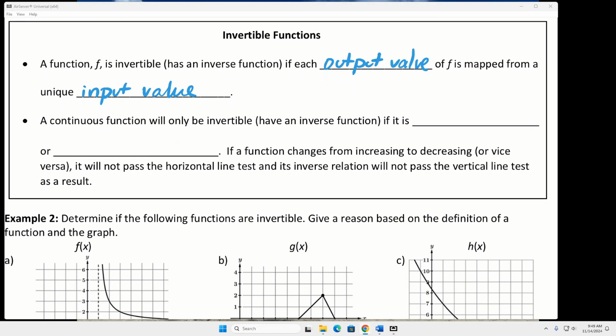All right, and then bullet number 2 comes in handy whenever you have a table and you're trying to determine if it's invertible. A continuous function will only be invertible if it is strictly increasing or strictly decreasing.